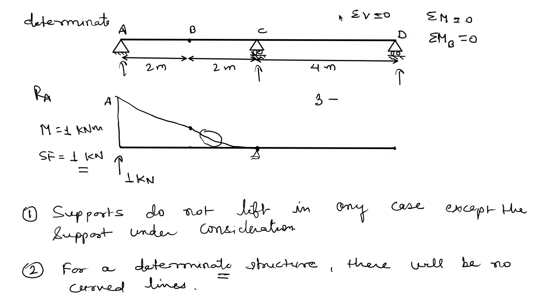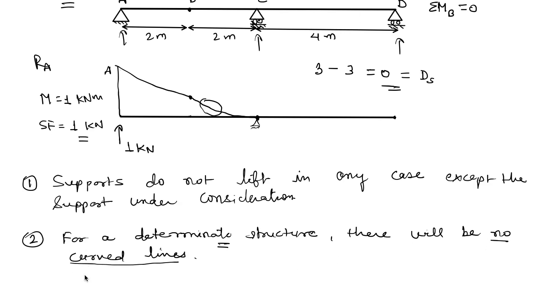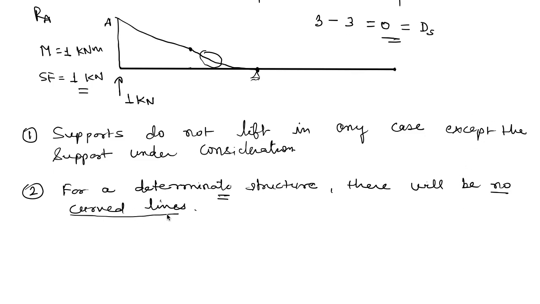So these will be the three reactions, and these will be the three equilibrium equations. So the degree of static indeterminacy is 0 here, meaning that the structure is determinate. And for any determinate structure, when we draw the ILD, there will be no curved lines. That you should always keep in mind.